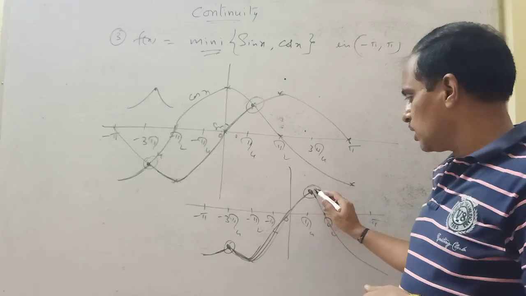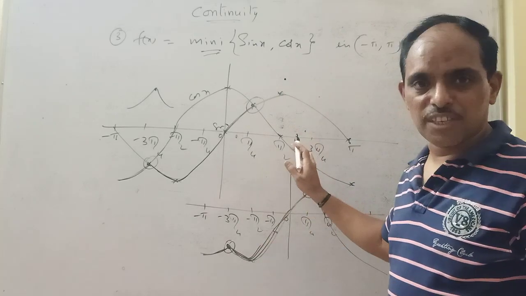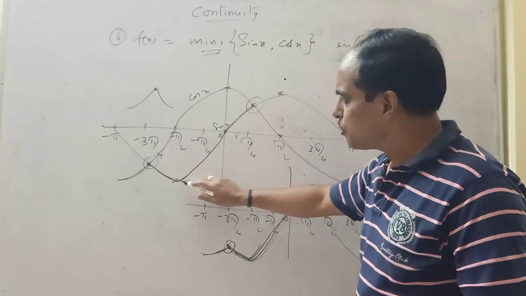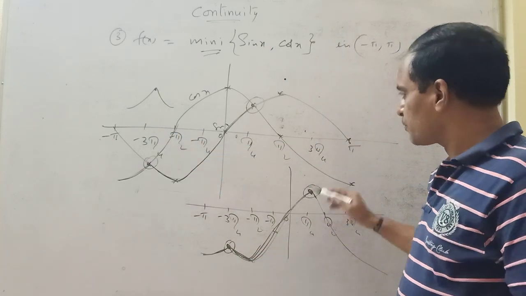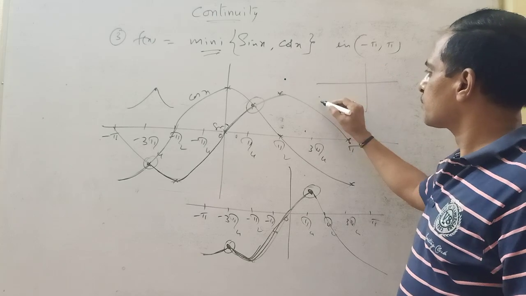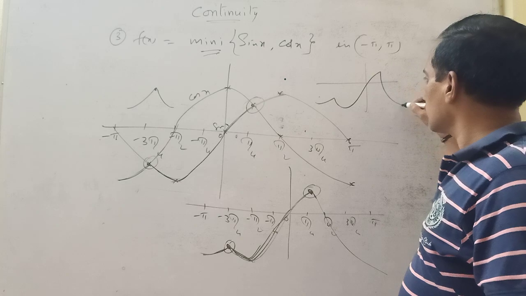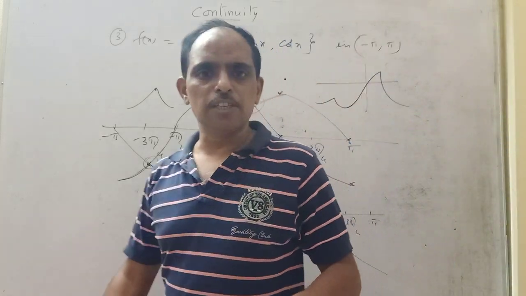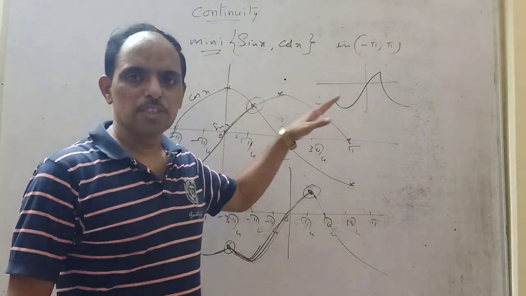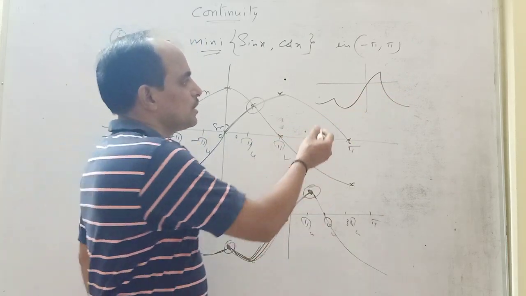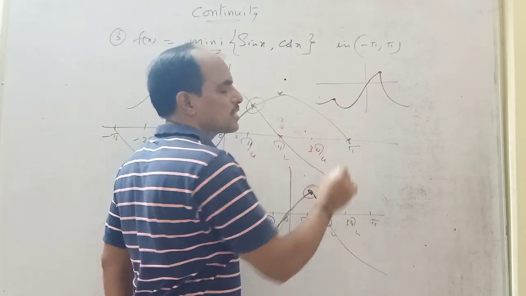Okay. Now between these 2 points, the graph is continuous. You see, there is no restriction point. The graph will be continuously like this. This is the graph. There is no breaking point at all. It moves continuously. There is no break at all. But these 2 points are called sharp edges.